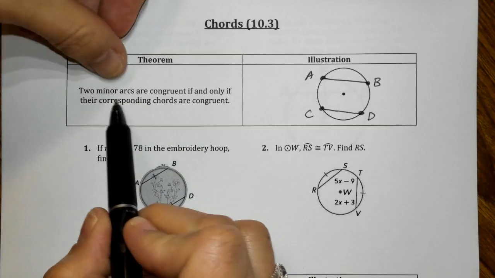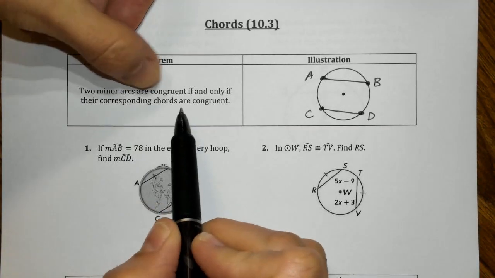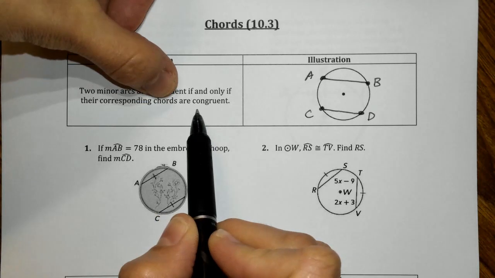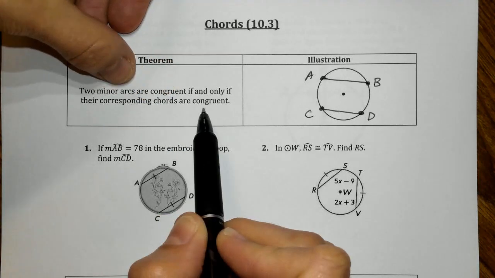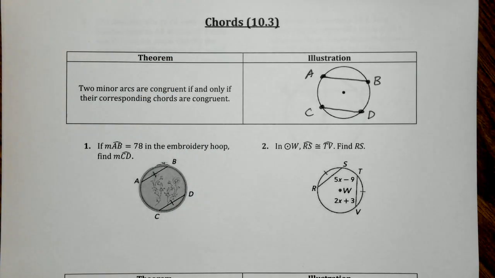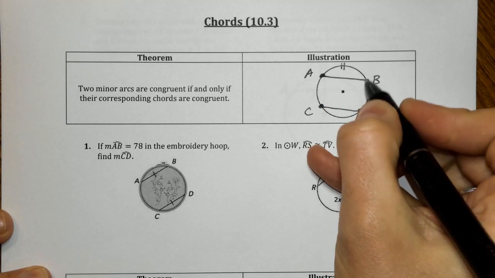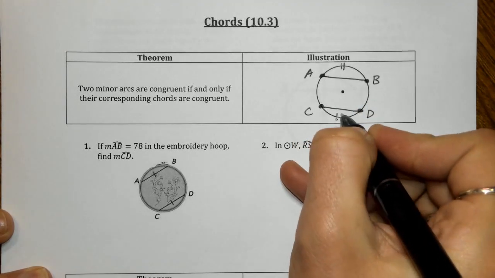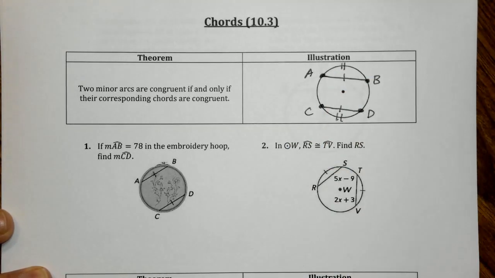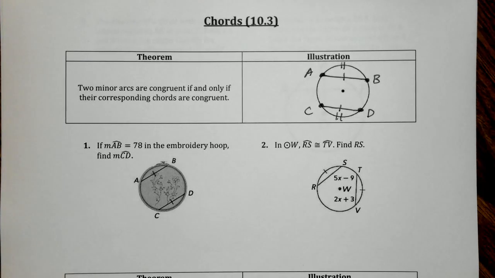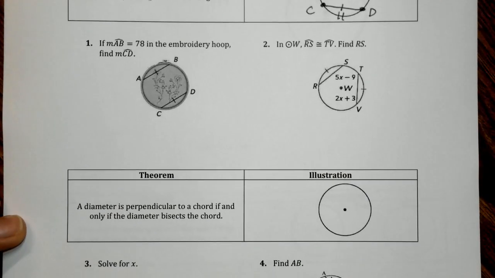So if we have 2 minor arcs that are congruent, the corresponding chords will be congruent, and vice versa. If 2 chords are congruent, then their corresponding arcs will be congruent. So if we have minor arc AB and minor arc CD congruent, then those chords will be congruent as well. So problems 1 and 2 are going to cover this information.